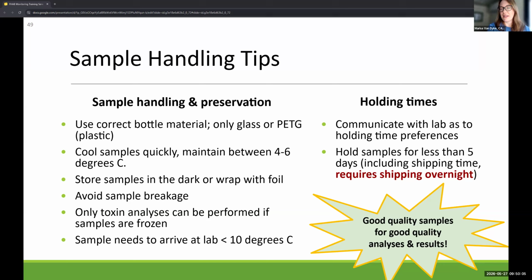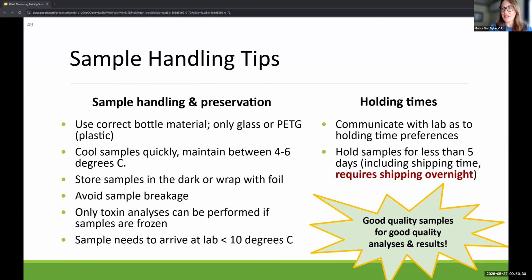It can be quite warm in the summer when we're doing sampling, and it's even more essential to cool your samples so that you can preserve that integrity and prevent any degradation of those cyanobacteria cells for identification. It's going to be really hard to see them. You're going to lose DNA, and you can also lose toxins as well if you don't preserve these samples appropriately.